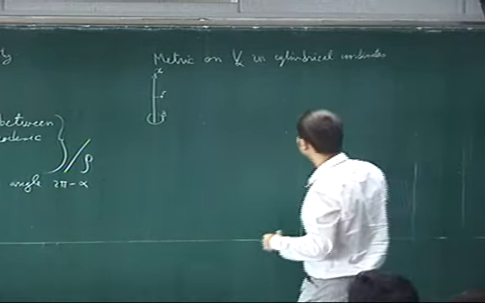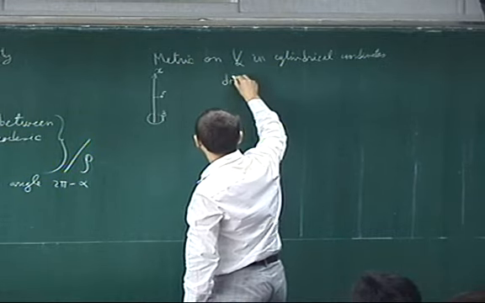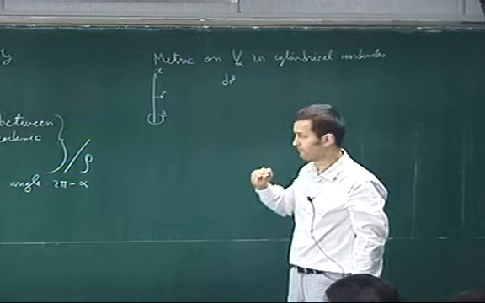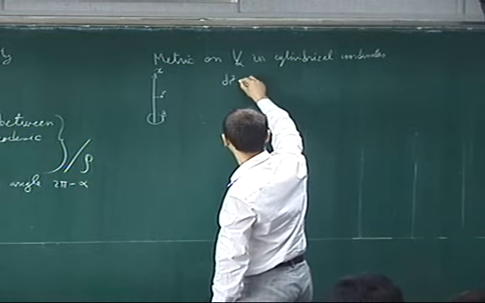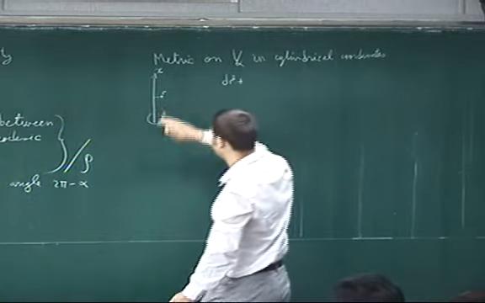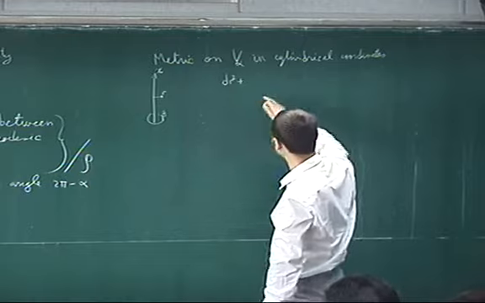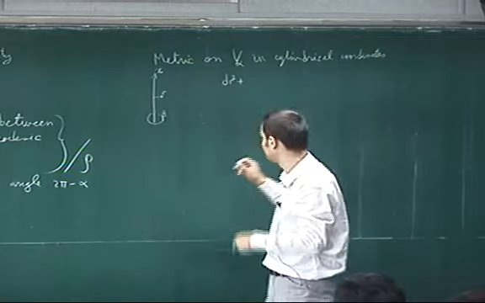In these coordinates, the metric will be dr squared plus sinh squared r d theta squared plus cosh squared r dx squared. This picture doesn't correspond fully with that; it's just cylindrical coordinates. You move in radial directions along geodesics.